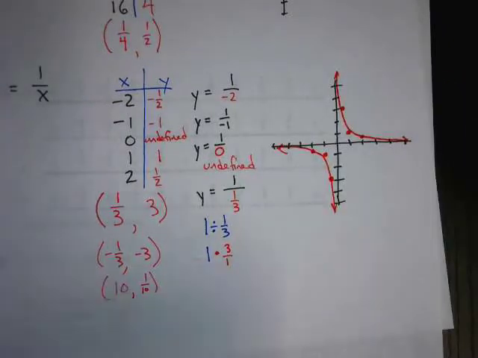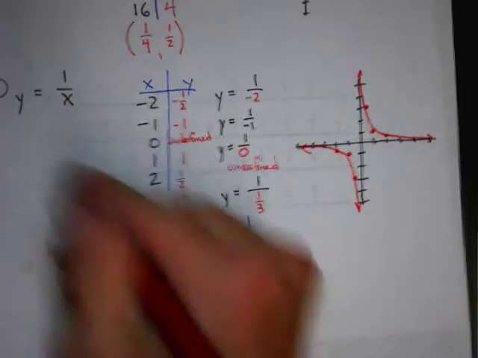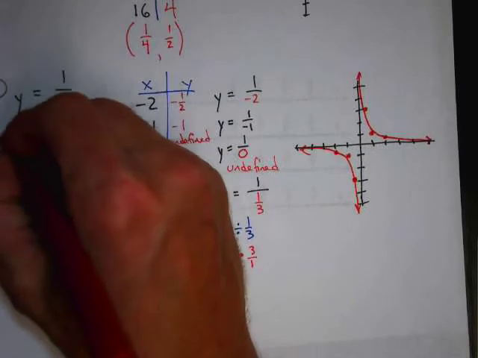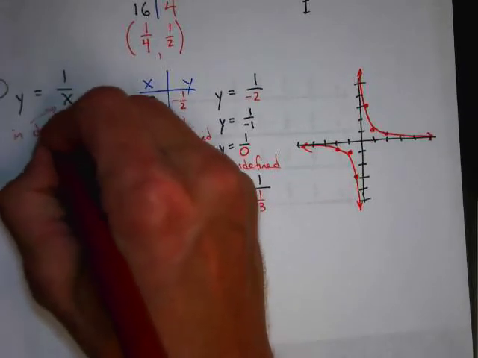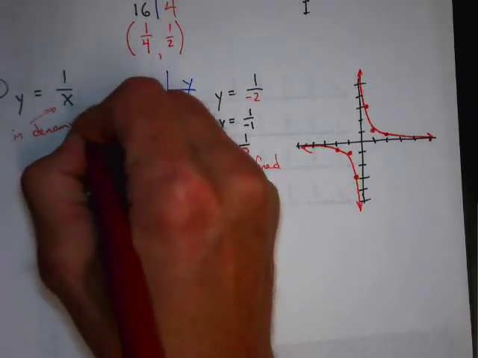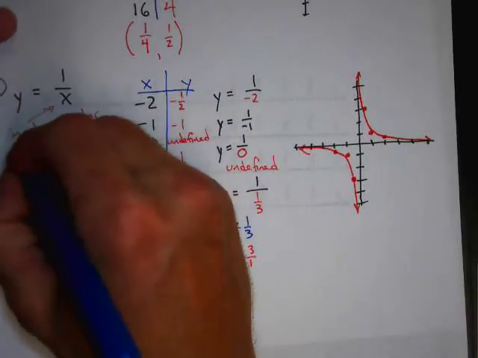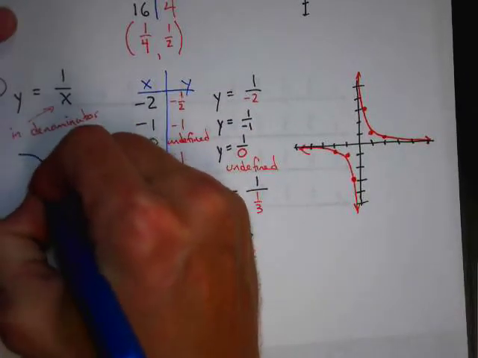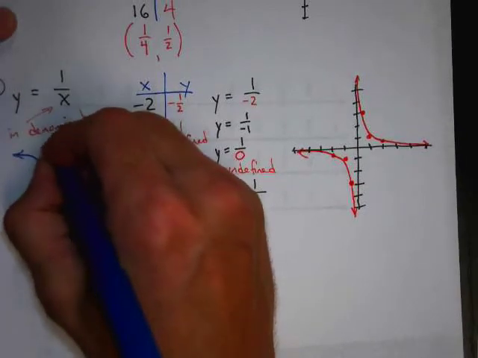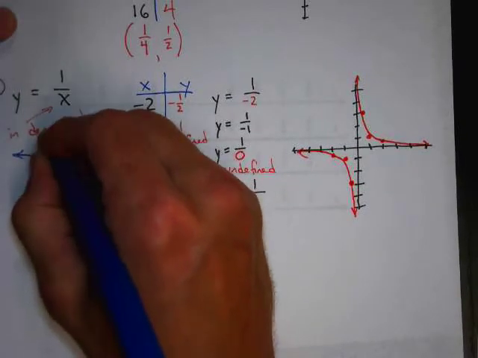So you can tell that if I have 1/x, my x is in the denominator, okay? I have a funny looking graph, a rational function. That means the graph is going to behave something like this. As x gets bigger, y does some strange stuff.